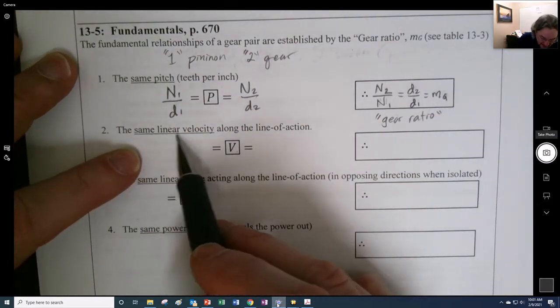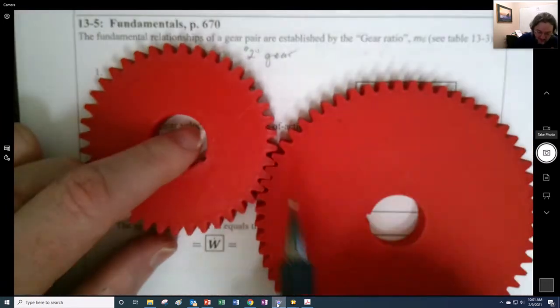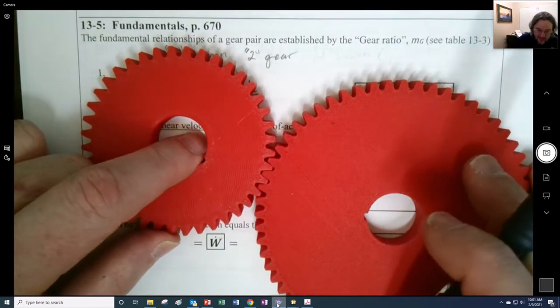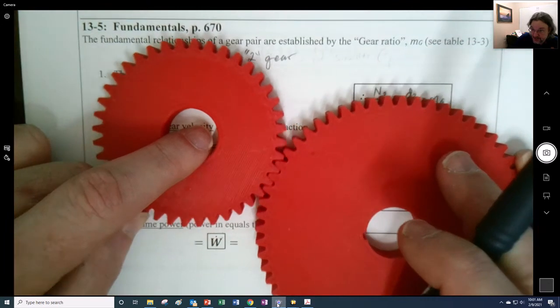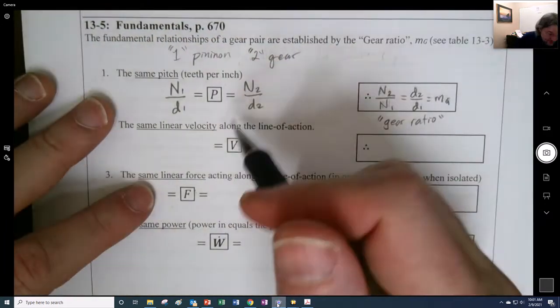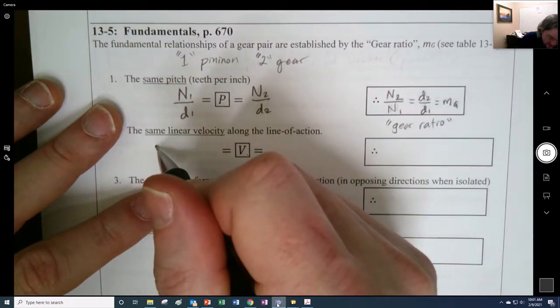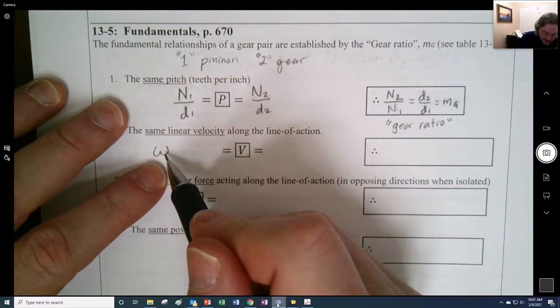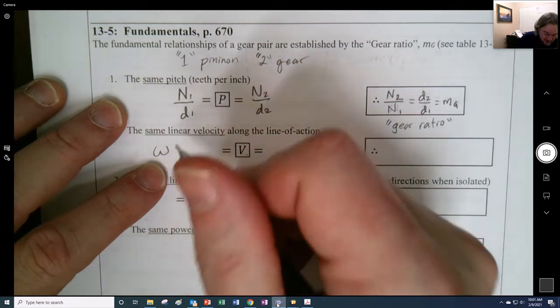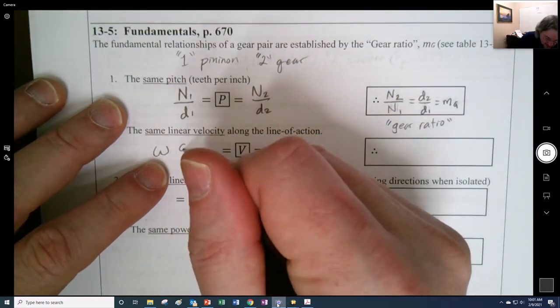Now they have to have the same velocity, right? Well, this tooth can't pass through that tooth, so they have to share the same velocity. So the pitch line velocity is going to be the RPM, or here I'm going to use radians per second, times the radius right here.